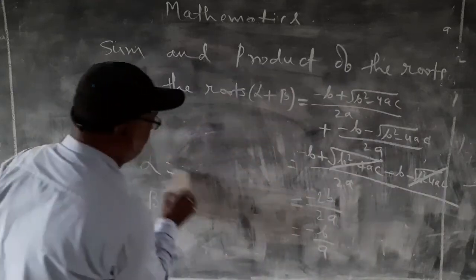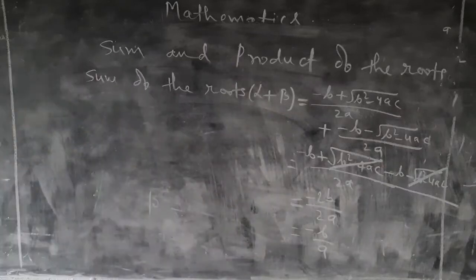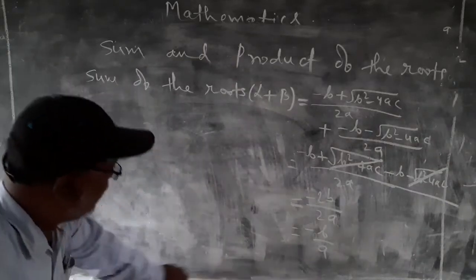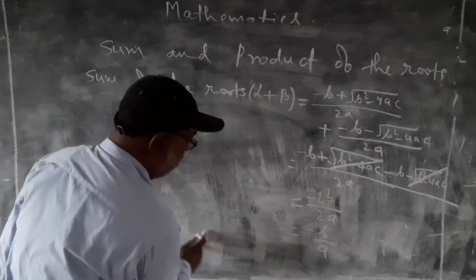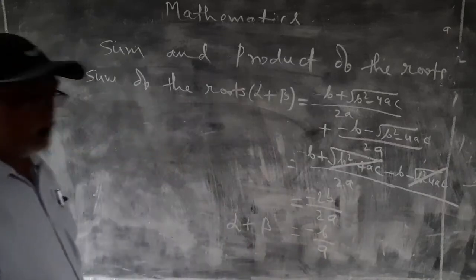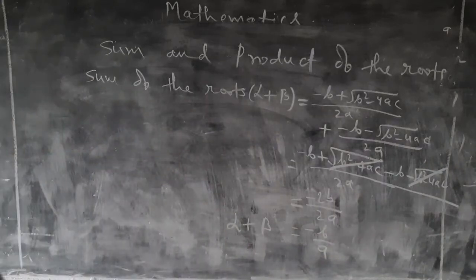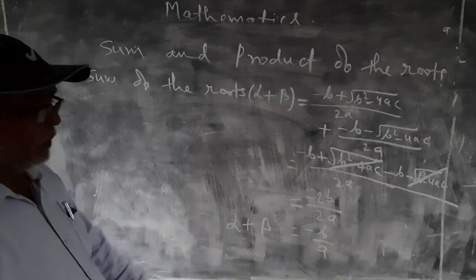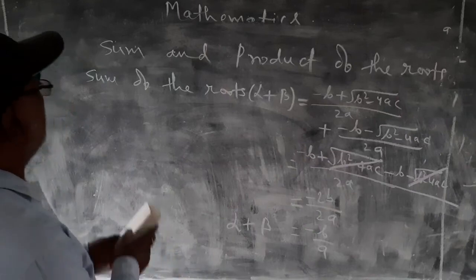This is the sum of the roots. Without obtaining the roots, you can obtain the sum of the roots with the help of the coefficients of the equation. Therefore, this is the formula to obtain the sum of the roots without obtaining the roots: minus b by a.